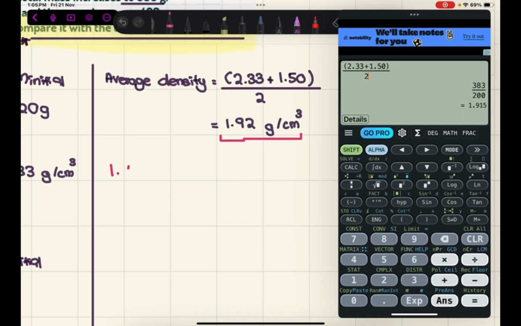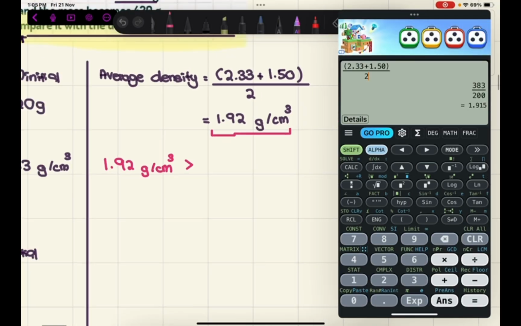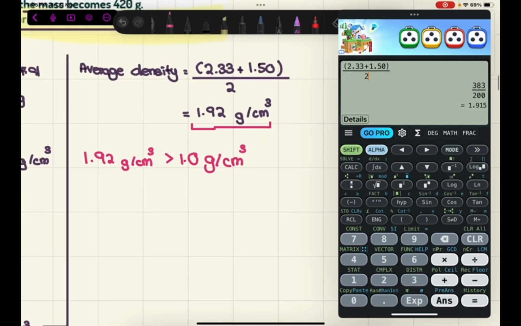1.92 gram per centimeter cube is greater than 1.0 gram per centimeter cube, which is the density of water.